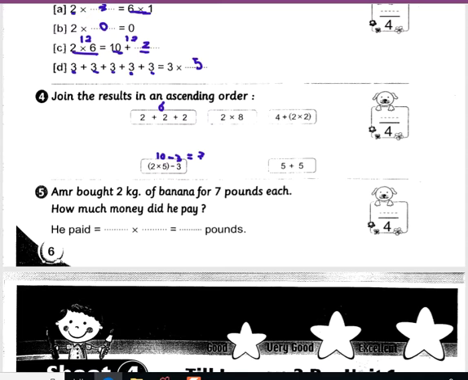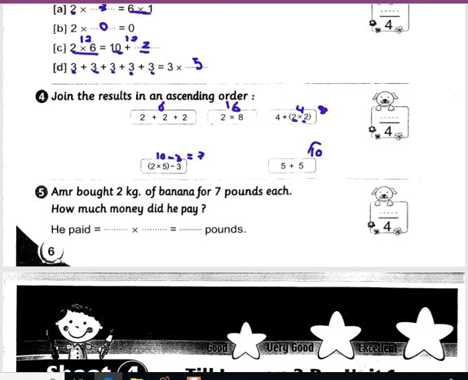Here he said 2 times 8. 2 times 8 equals 16. And here we have 2 times 2 equals 4, and 4 plus 4 equals 8. Here 5 plus 5 equals 10.